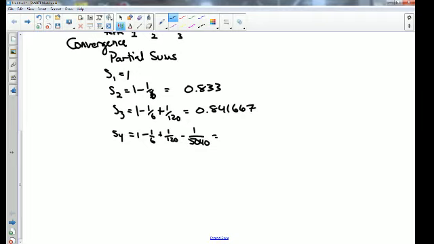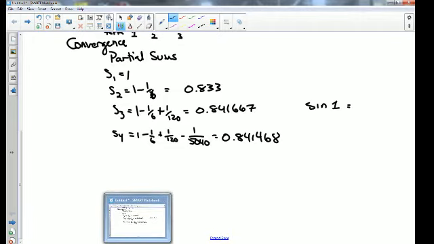Those fractions are a lot less messy. Does anybody have a calculator in their possession? In radians mode, type in sine 1. Just sine 1.